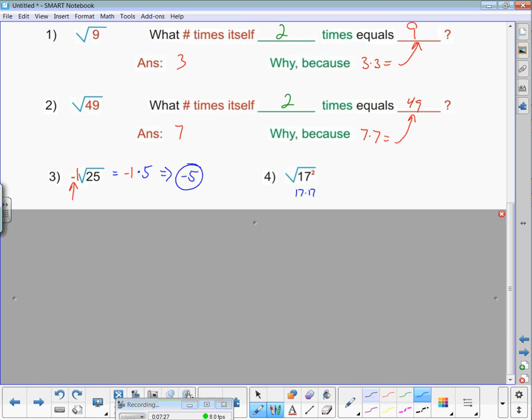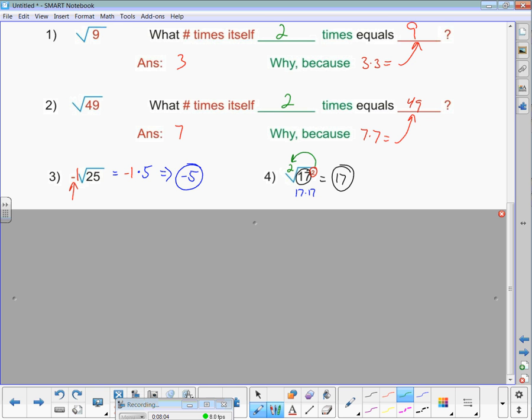So what is the solution? The base, 17, right? What number times itself 2 times is 17 times 17? 17. All right. And look, this is the case whenever the exponent of the radicand matches the index. That's a key concept. Whenever the exponent of the radicand matches the index, then the root is the base. The base, remember 17 is the base, the red 2 is the exponent.